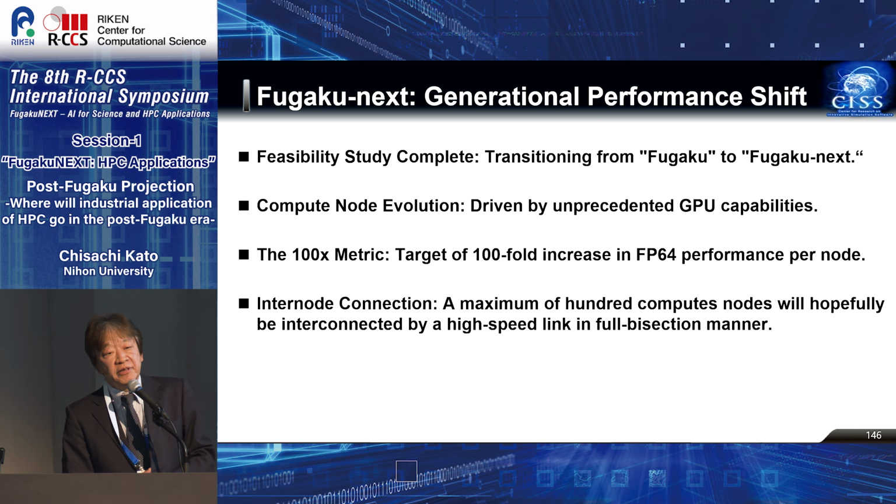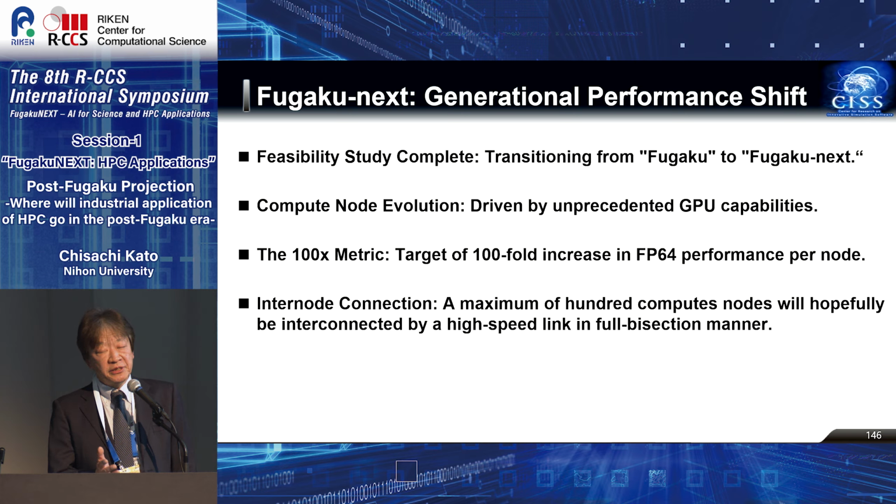So a 100 times increase in the FP64 performance indicates that the benchmark tests you have seen and I have shown you required about 10 to 40,000 nodes.